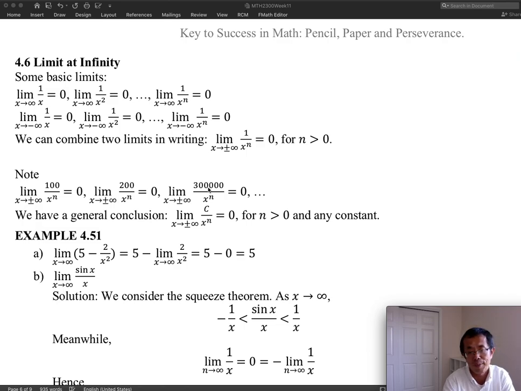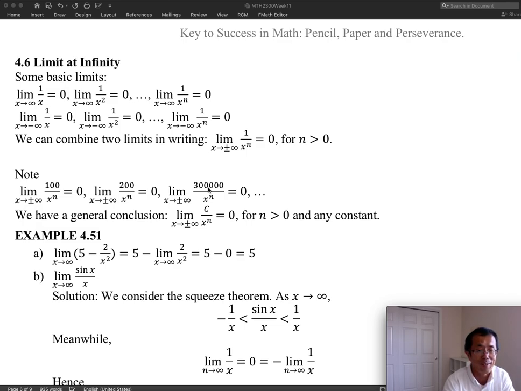Or you can make it 3 million, or if you want, 3 billion. It really doesn't matter what numerator you have. As long as the numerator is constant, it will not beat the denominator when it keeps getting bigger and bigger. The denominator is infinity. No number will beat infinity.